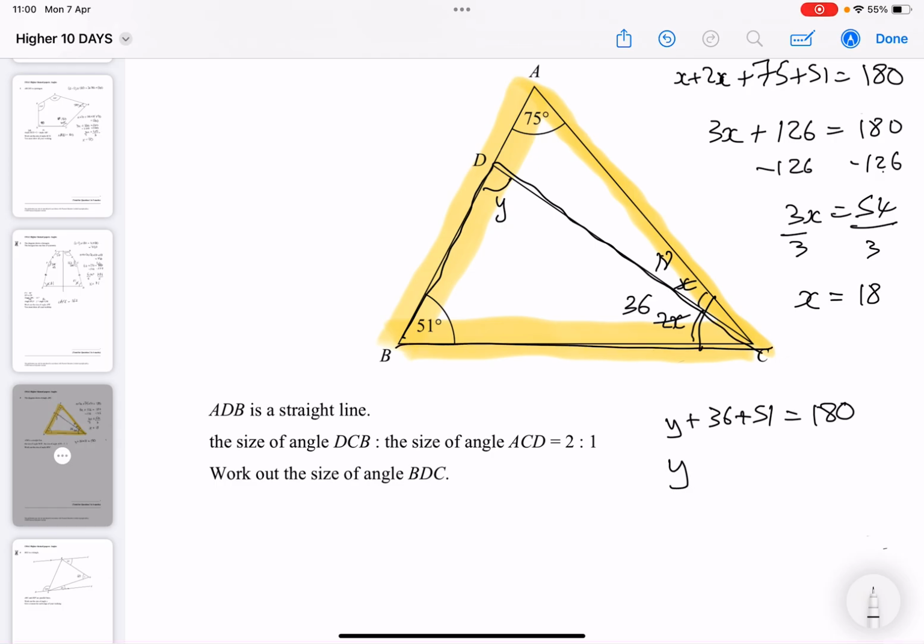That gives me y plus 87 equals 180. So take the 87, take the 87, y equals 93, and that in fact is angle BDC, which equals that. Good, that's that one done.